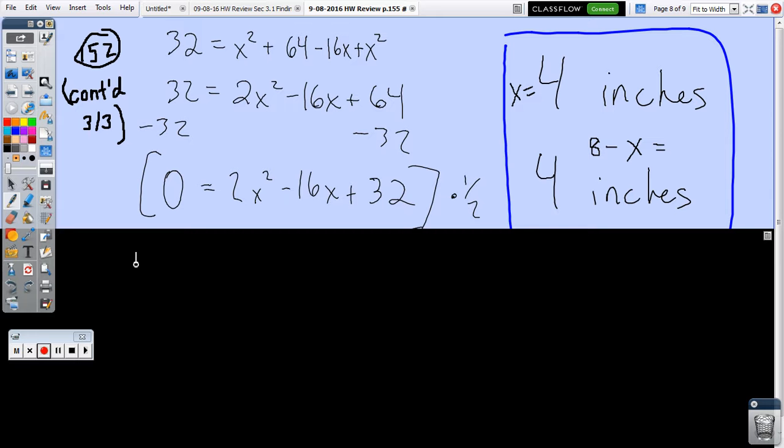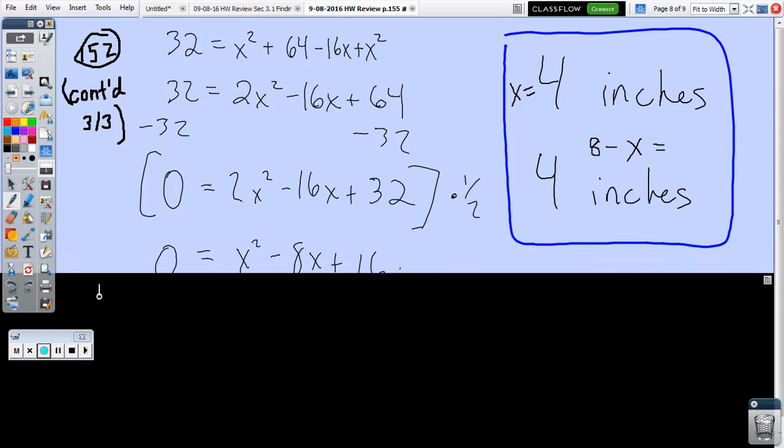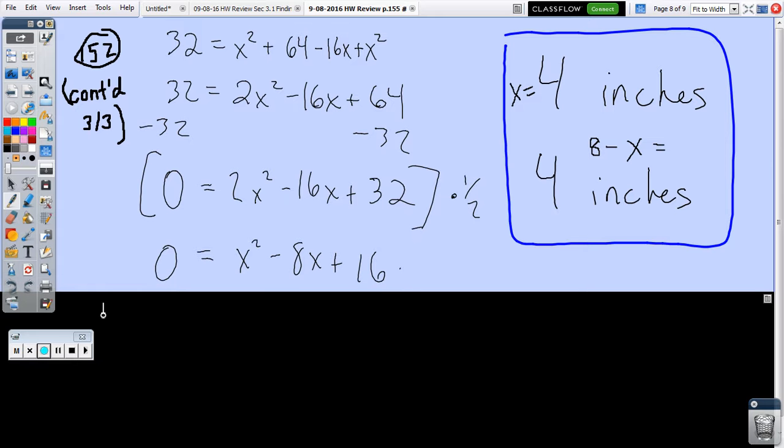Anytime we have the quadratic ax squared plus bx plus c equals 0, we can apply the formula. Yes? Yeah, this is 1/2. Divide by 2 is the same as multiplying by 1/2. So we have 1/2 multiplied to each term, and you get to here.